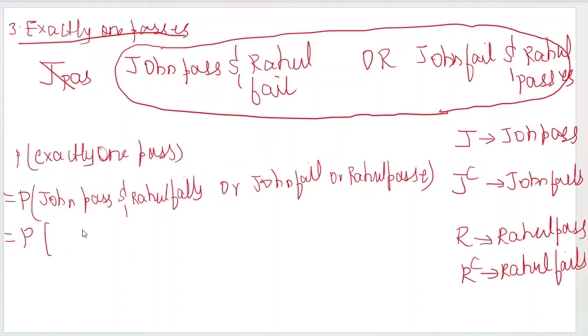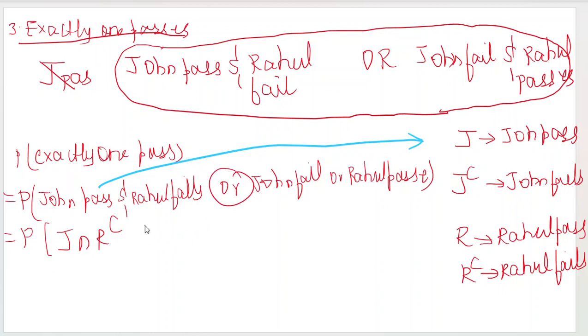Now we use these set theoretic ideas. John passes is denoted by J. The AND, in set theory, is denoted by intersection, and Rahul fails is denoted by R complement. The OR is replaced by union, and John fails is denoted by J complement.